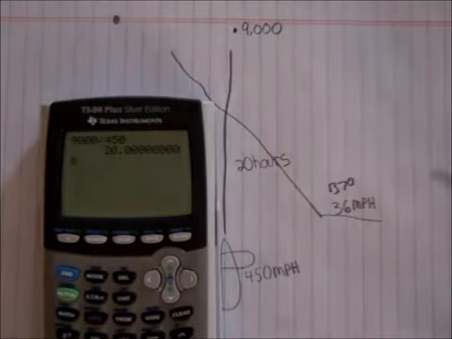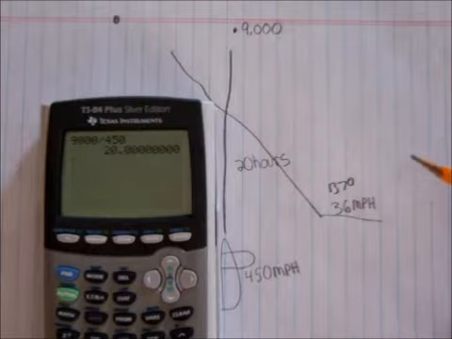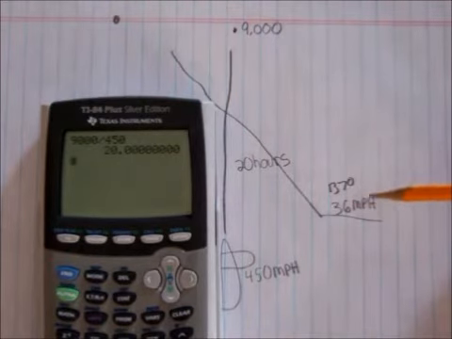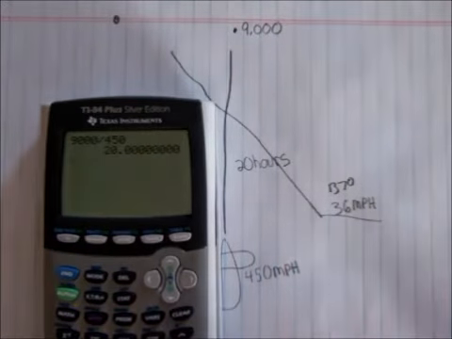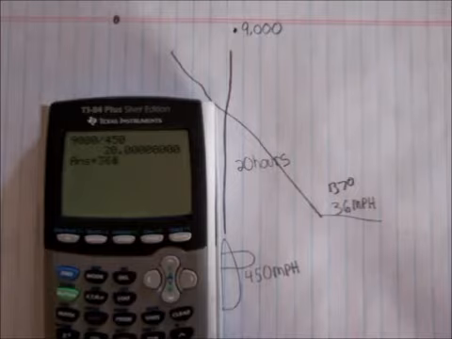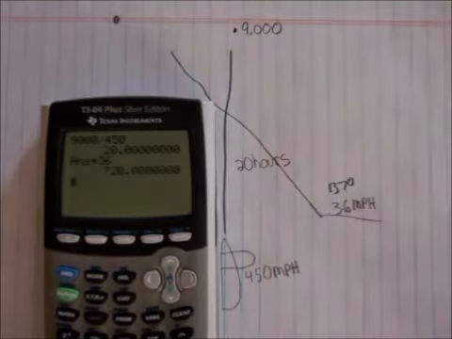And now we know that the wind's blowing at 36 miles per hour. So for each hour, we'll go 36 miles west. So we take 20 times 36, which ends up equaling 720 miles.